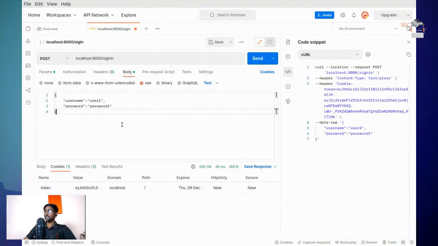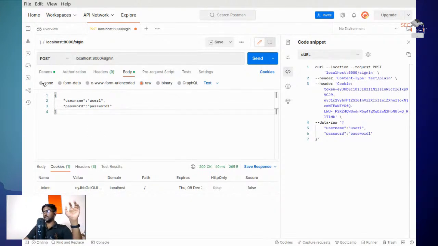So all I'm doing here is I'm trying to sign in to my server that is being hosted locally, and I'm trying to hit the endpoint that's called sign in, and I'm sending it my username and password over plain text, which is terrible. But the idea here being that it is going to reply back to me using a JWT token that I can then use from this point onwards to authenticate myself.